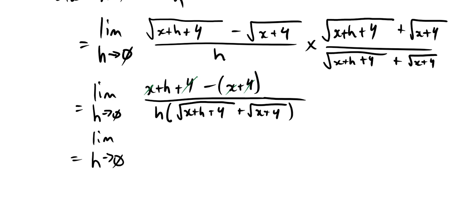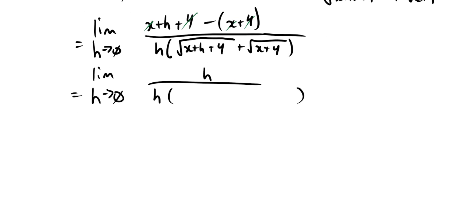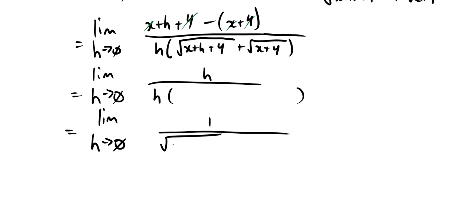If I forgot the brackets, technically I wouldn't get that. I'd get 4 plus 4, right? So then it wouldn't work out. So I get h over h times that whole thing, of 1 over the square root of x plus h plus 4 plus the square root of x plus 4.